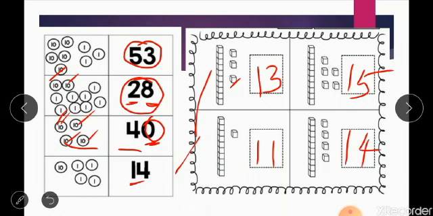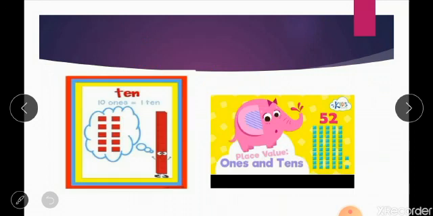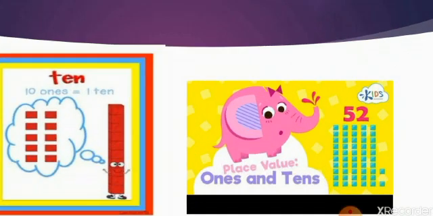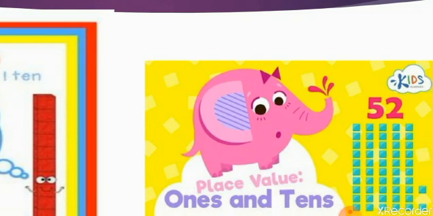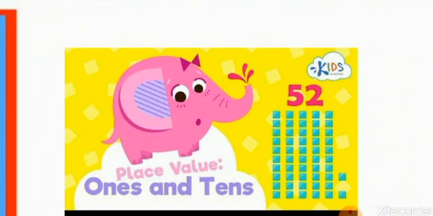Okay, just observe this picture, this small elephant picture. Here this is an example for place value, the ones and tens. In the previous class we learned the place values, isn't it? Now you see how many rows of 10 blocks I have.